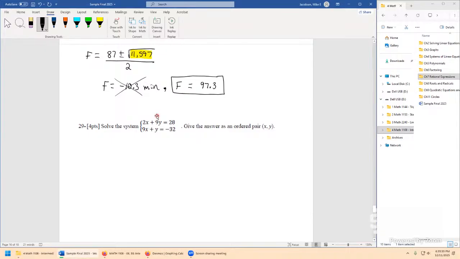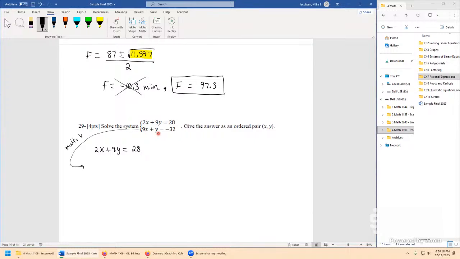I think it might be easier to eliminate variable y. All we would have to do is multiply second equation by -9 to make that happen. So first let's copy in 2x plus 9y equals 28. We're going to multiply this whole equation, both sides, by -9.